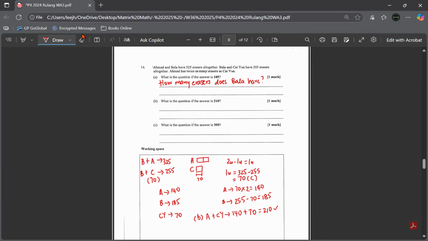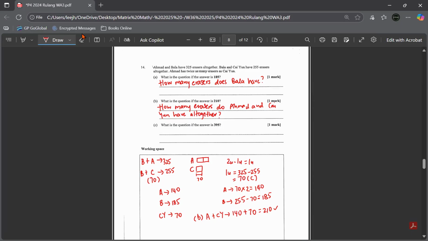So the question will be asking how many erasers do these two people, Ahmad and Cai Yun, have altogether. If you have this sentence as the last sentence, your answer will end up at 210.